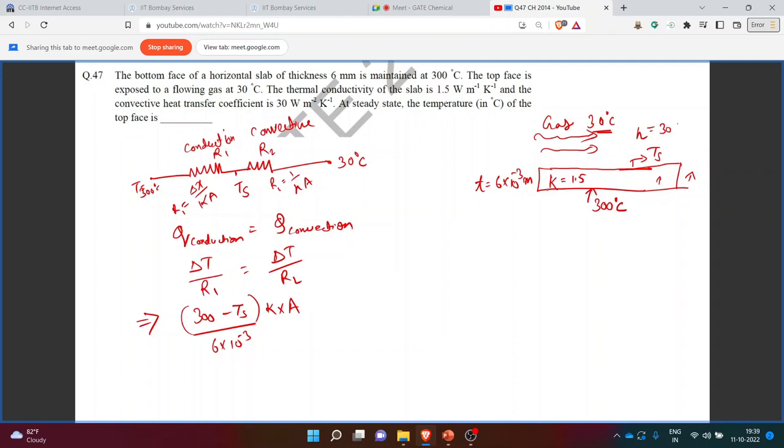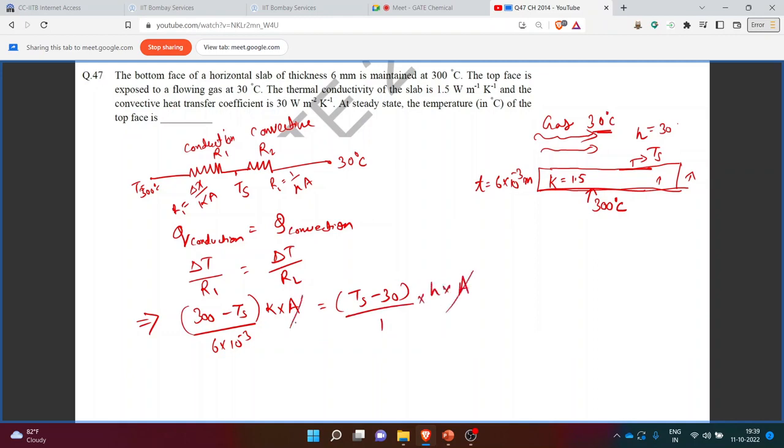Over this area the conduction will occur, and this is also the same surface area through which convection will occur. For convection the temperature difference will be Ts minus 30 upon 1 upon Ha, so the value of H and the area will be here.